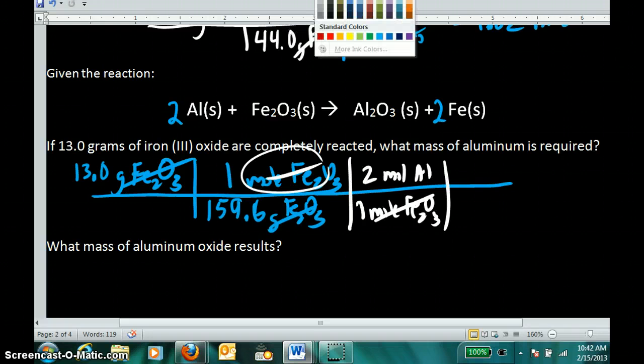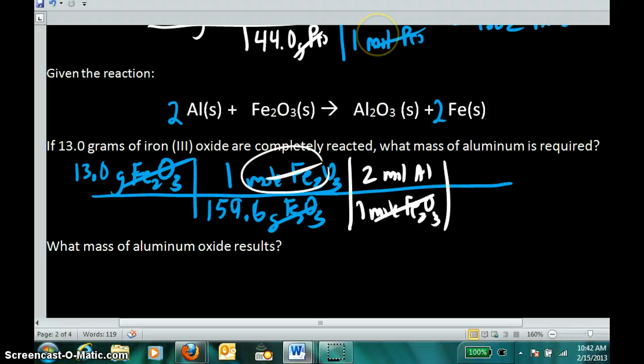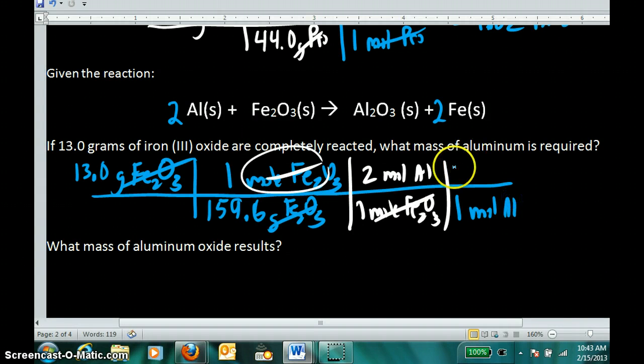Just because the question wanted me to get a mass instead of moles, I just make the conversion again from moles to mass. And 1 mole of aluminum, given the atomic mass of 27, is 27 grams of aluminum. And everything cancels, and I'll be left with a mass of aluminum in grams.